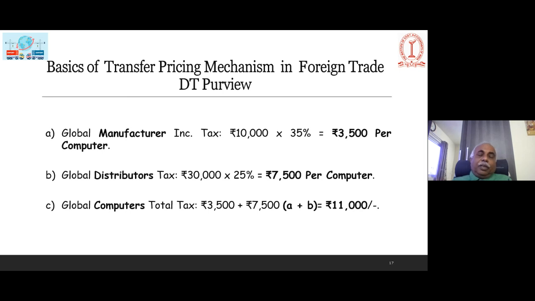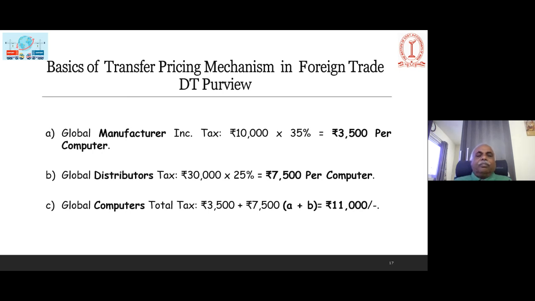In the distributor's company, the tax is only 25%, which is 7,500 per computer. The total tax to be paid by the parent, manufacturer and distributor put together is 3,500 plus 7,500, that is 11,000.